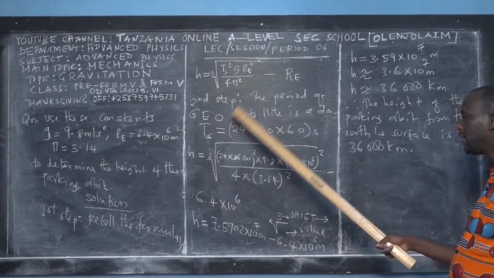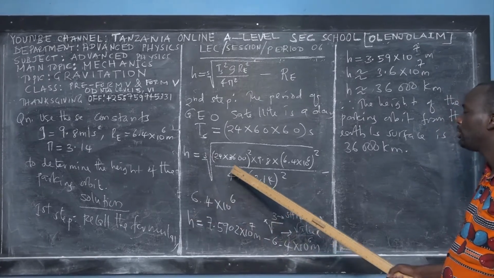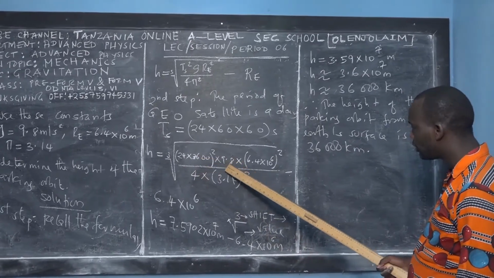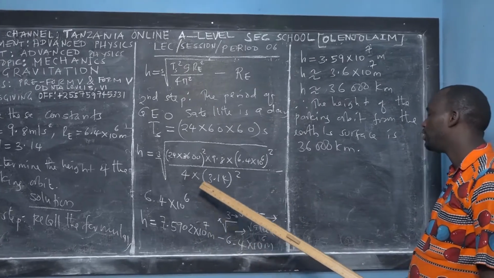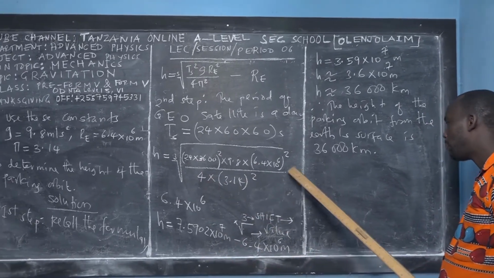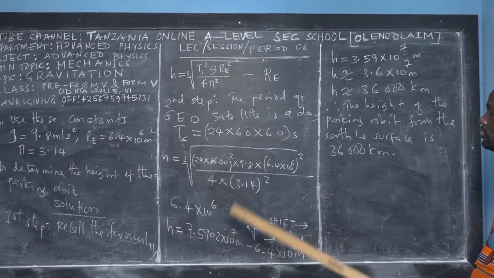So then the height of the parking orbit will be the cube root of period square times acceleration due to gravity times square of the radius of the Earth over 4 times pi square, minus 6.4 exponent 6.